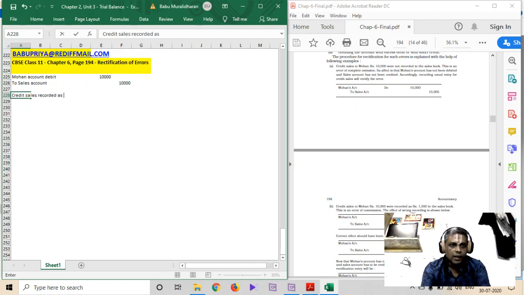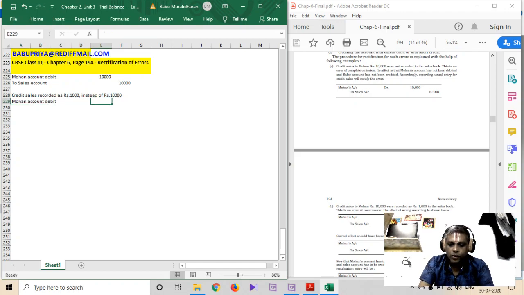So instead of processing an entry for 10,000 rupees, the entry processed was Mohan account debit to sales account 1,000.